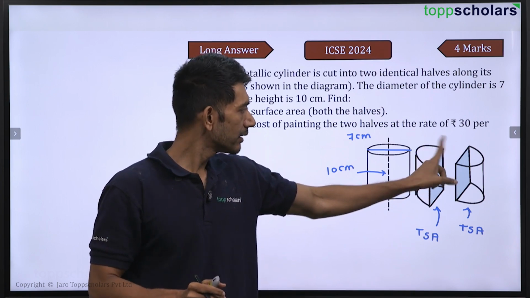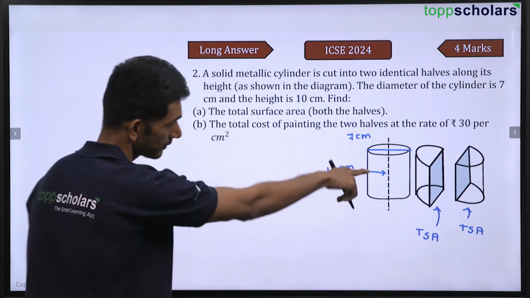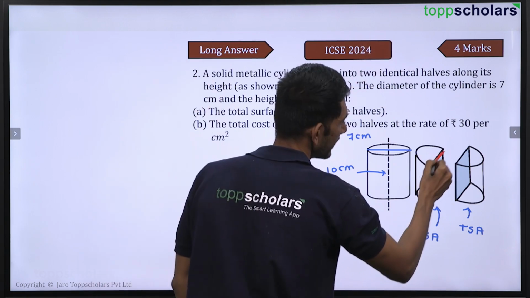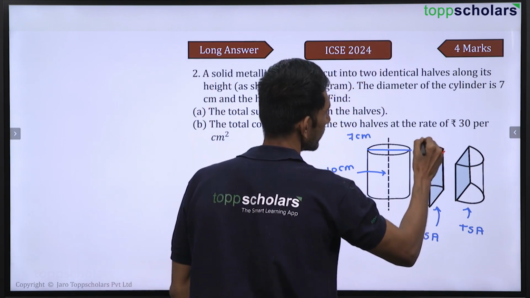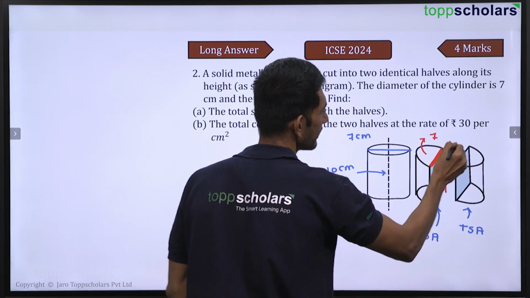But the middle two rectangles are formed. Right? If you see, these two rectangles are formed, and the length of this rectangle is 7 and the width of this rectangle is 10.